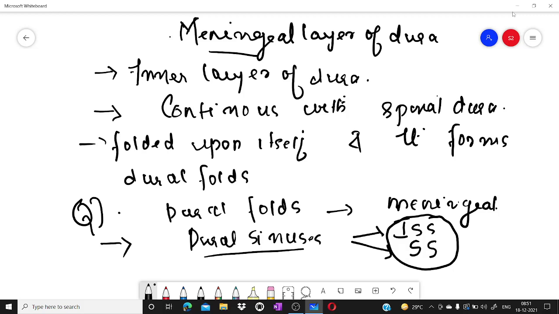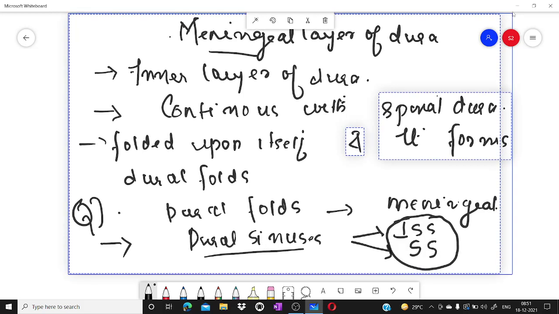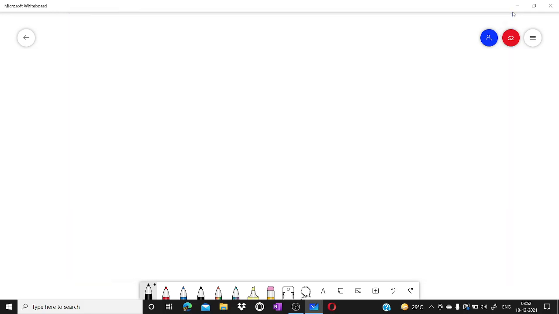So far we have discussed the two layers of the dura. Now we know that the dural fold is formed by the meningeal layer of the dura. We have seen the sinuses which are present in the meningeal layer of the dura. Now we will be seeing in detail about the dural fold.